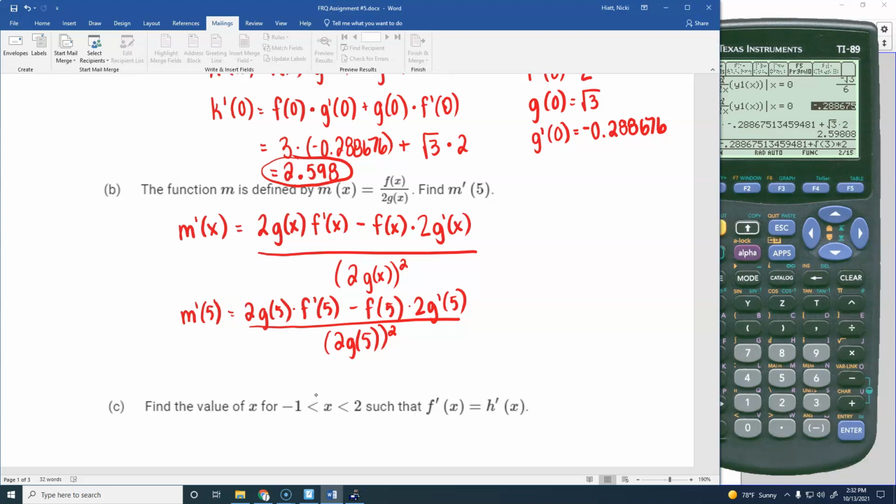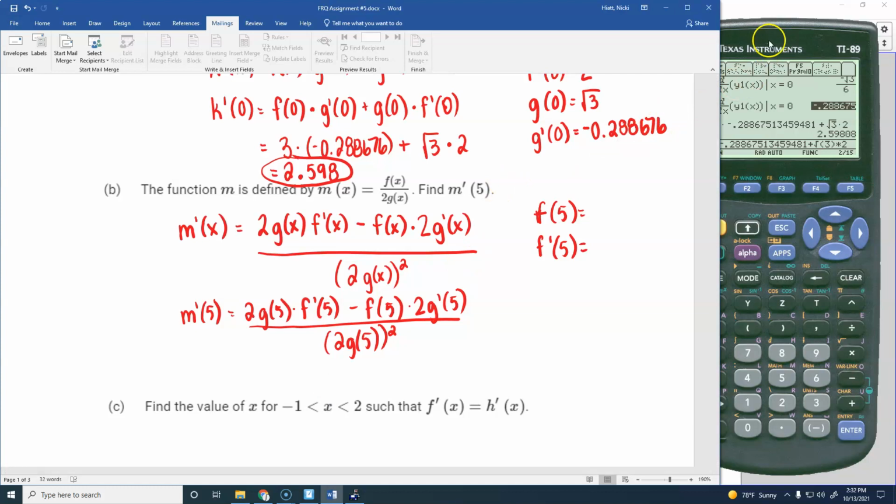I feel like you're safest doing it this way, but you could probably get away with going straight to the numbers as long as you list over here on the side that f of 5 equals and f prime of 5 equals. So you got to list that out.